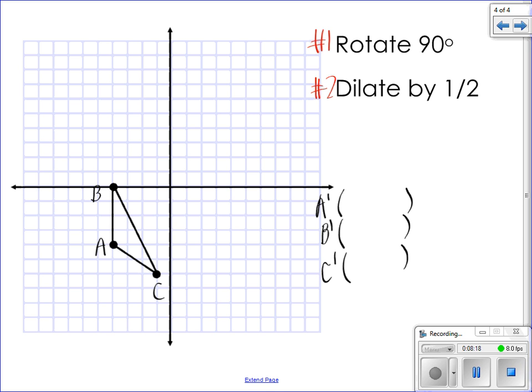Where is A now located? B is now at... Is it that way or this way? Okay. What about C? -1.